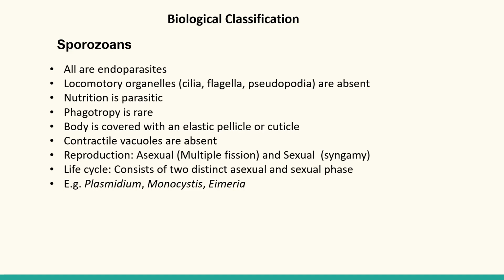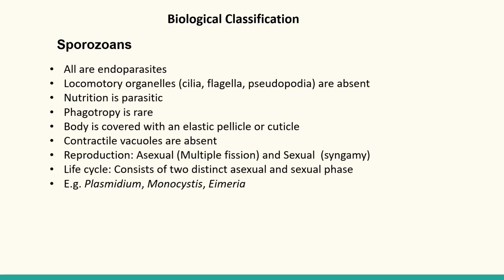They are all endoparasites. Locomotory organelles, cilia, flagella and pseudopodia, are the three different types of locomotory organs present in the three different types of protozoans. Nutrition is parasitic mode.